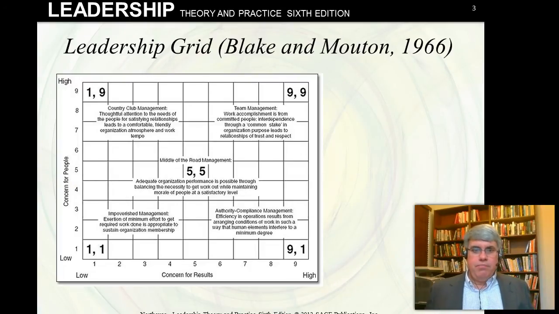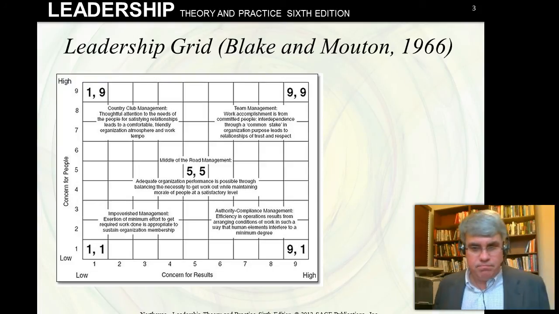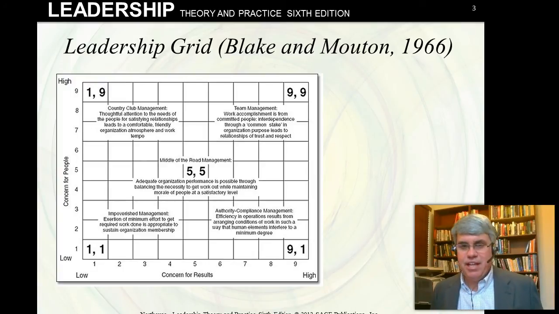Now, the leadership grid is the basic theoretical model of this style approach. It was developed by Blake and Mouton a long time ago in 1966, and these same two dimensions are used over and over again in psychology and business and management because they describe so much of what goes on.